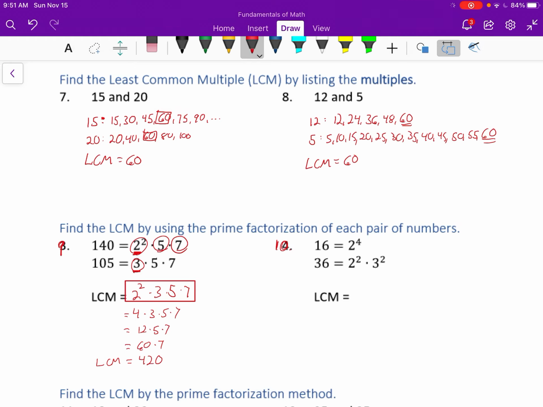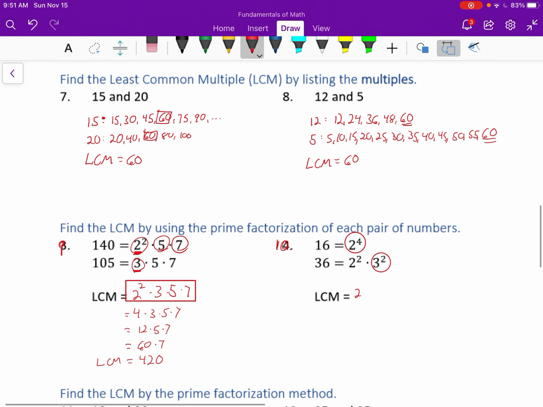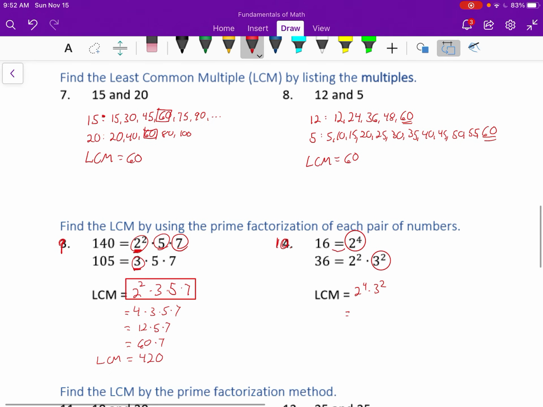Over here, for the least common multiple, we have a 2 to the 4th and 2 squared. We need the 2 to the 4th, the higher one, and then we need a 3 squared. And so our answer is going to be 2 to the 4th times 3 squared. Well, actually, 2 to the 4th we know is equal to 16, so here this is 16. 3 squared is 9.